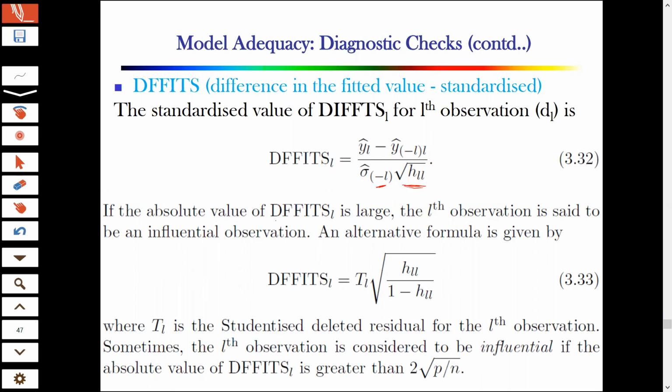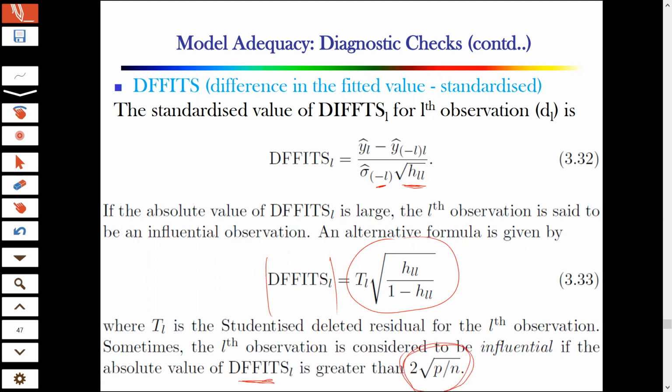If the absolute value of DFFITS is large, the Lth observation is said to be an influential observation. An alternative formula is TL times the square root of HLL by 1 minus HLL, where TL is the studentized deleted residual for the Lth observation. Sometimes the Lth observation is considered to be influential if the absolute DFFITS value is greater than 2 square root of P by N.